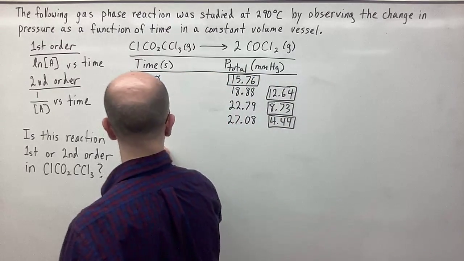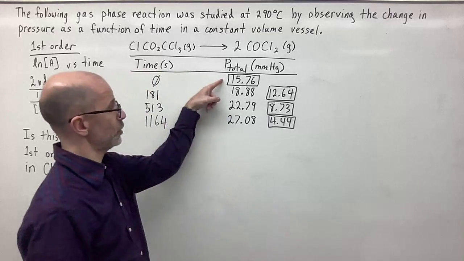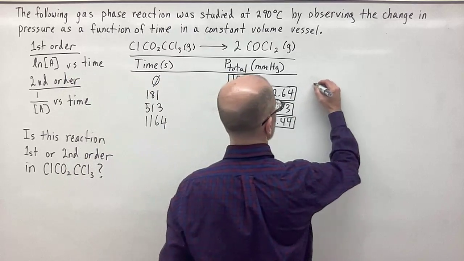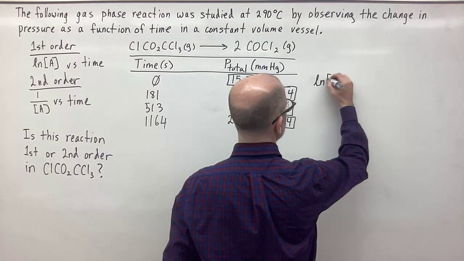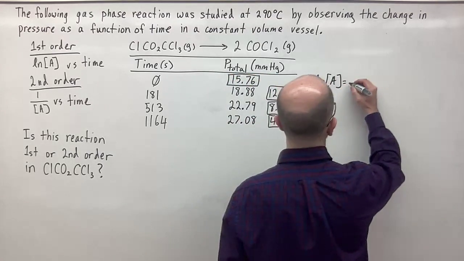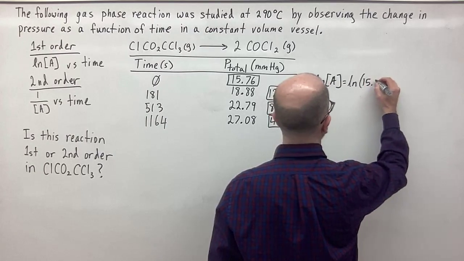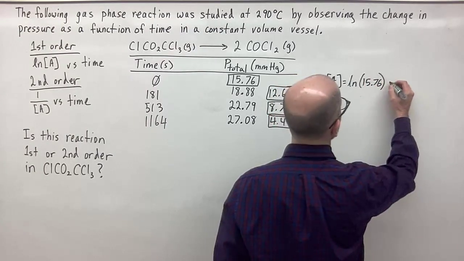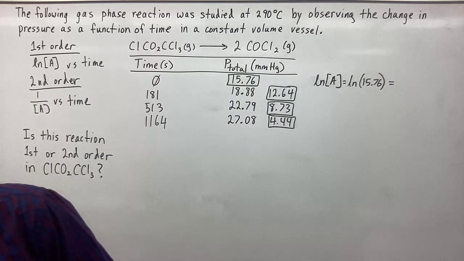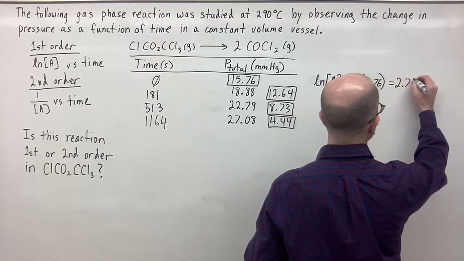So at time 0, this is the pressure of my substance. And so in this case, the natural log of A is going to be equal to the natural log of 15.76, which is equal to 2.76.